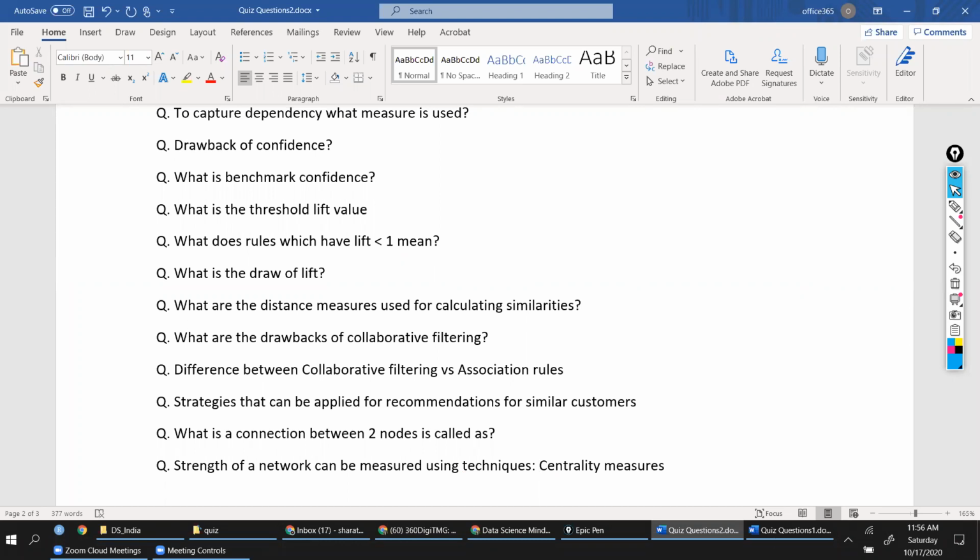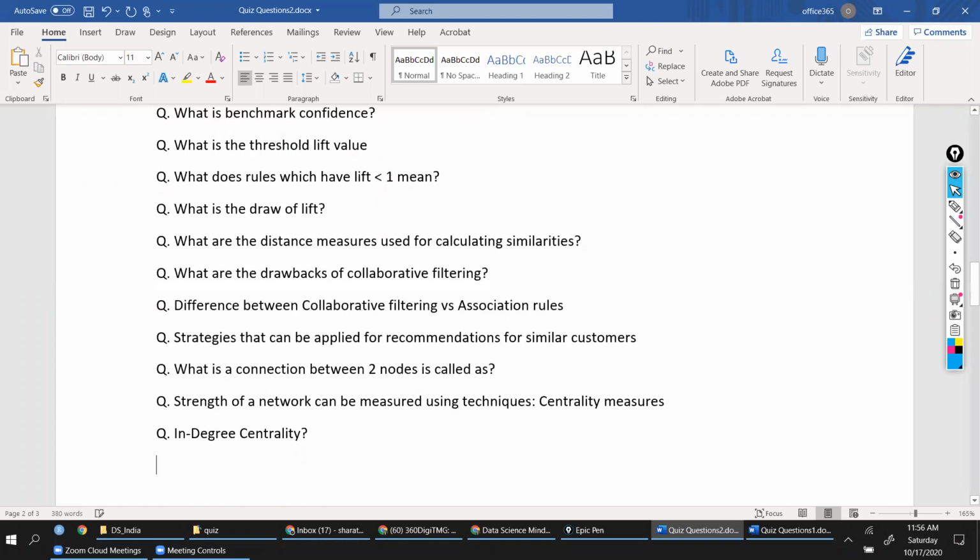What is in degree? What is in degree centrality? Explain.